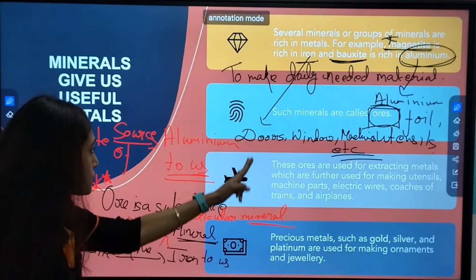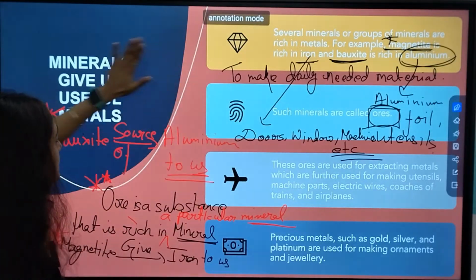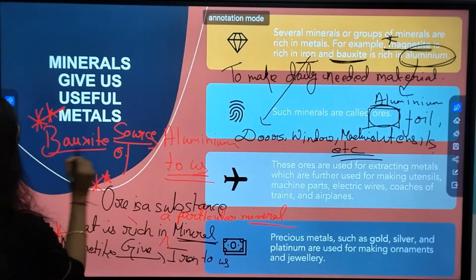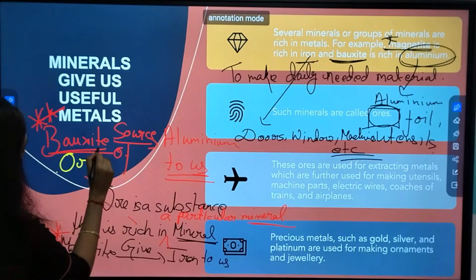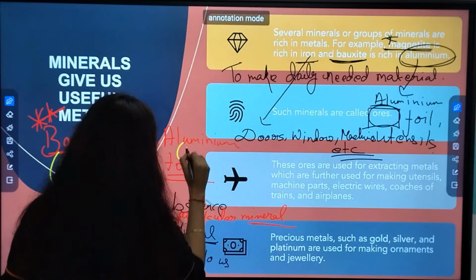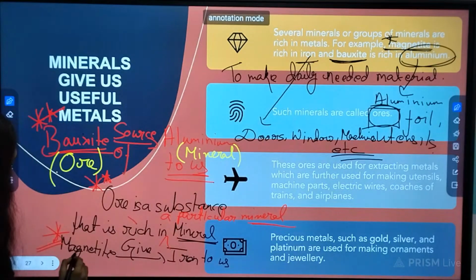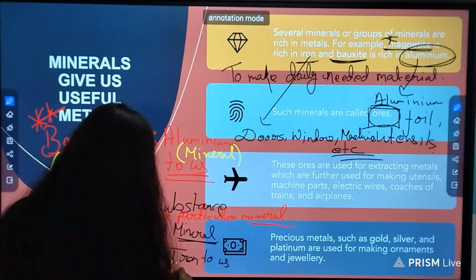So, it is a source of aluminium. Then aluminium is found in which ore? Aluminium is found in bauxite. So, bauxite is the ore and aluminium is the mineral. Clear? Similarly, magnetite is the ore of which mineral? Iron.